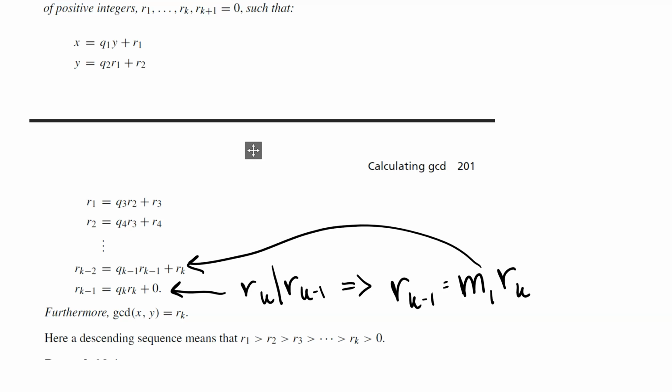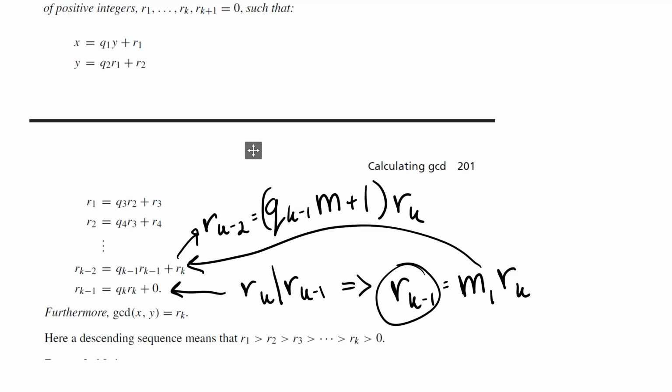we go back and plug that in over here, and we end up getting that rk minus 2 equals qk minus 1 plus, times m1 times rk. So how in the heck did I get that?